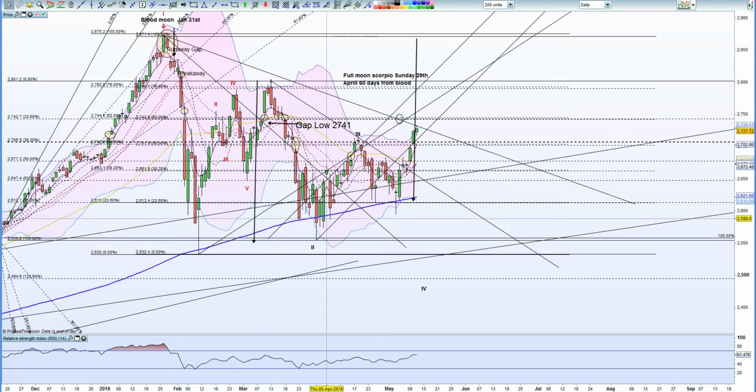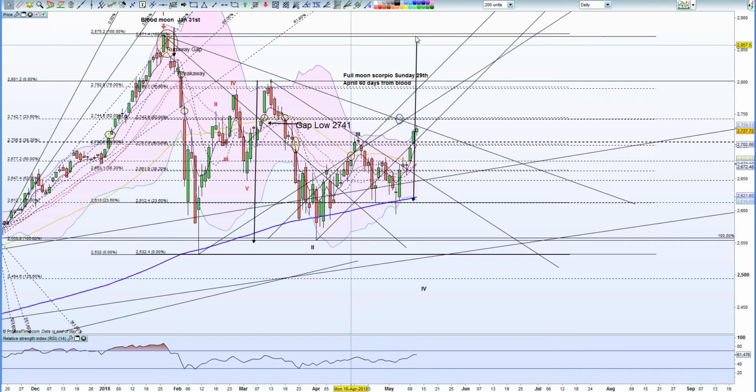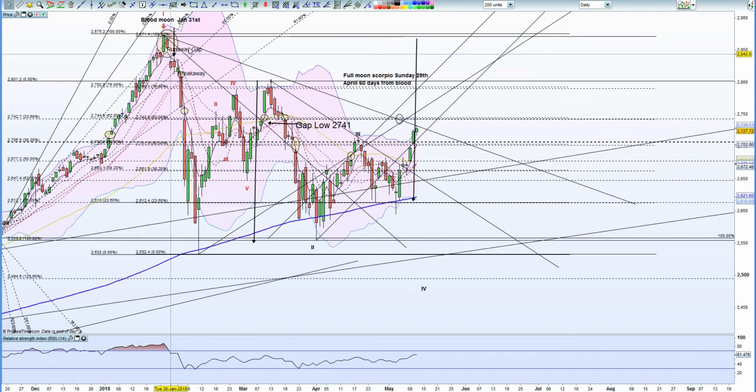So if we copy that measurement via the arrow, it's saying that the top of this last leg up in this bullish Gartley pattern will move the S&P back to its high of 2868, which would fill that runaway gap.